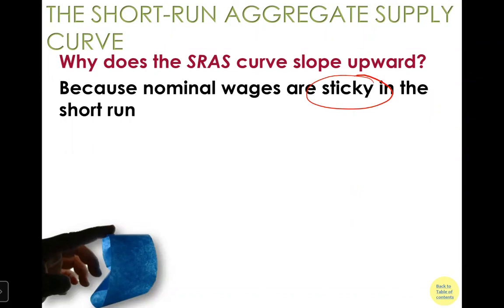When you sign a contract with your employer, some may say I don't have a contract, but usually you have a verbal agreement, and that is considered a contract, right? The contract usually specifies the wage rate the employer is going to pay you.